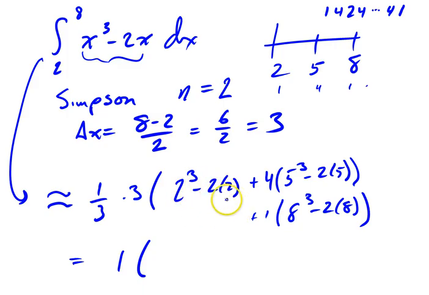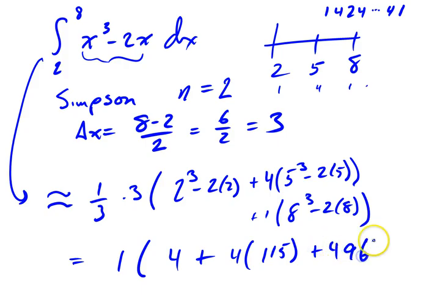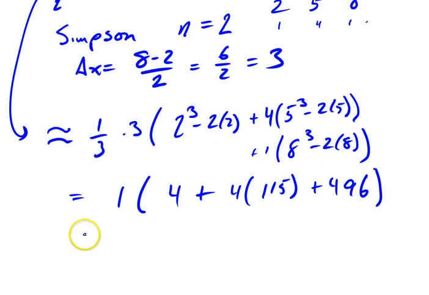And this is 8 minus 4, that's 4, plus 4 times 125 minus 10, so that's 115, plus, well, 8 cubed is 512, minus 16 is 496, for a grand total of 4 plus 4 times 115 plus 496. And I get, or my calculator gets, 960.